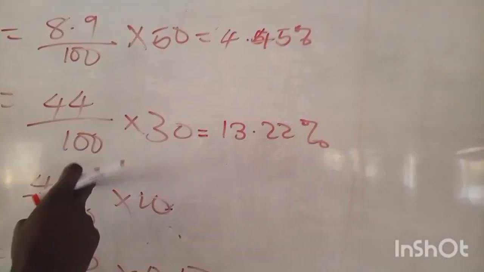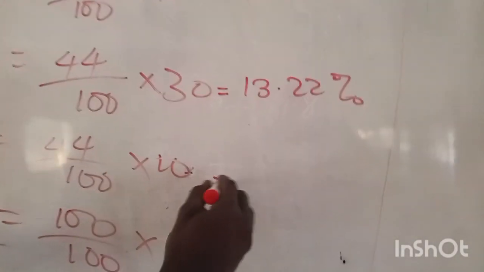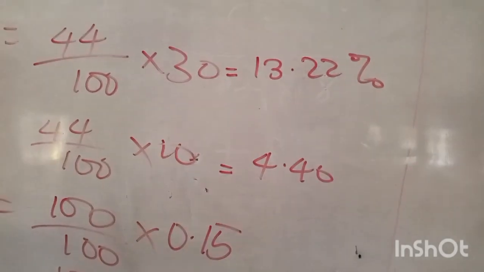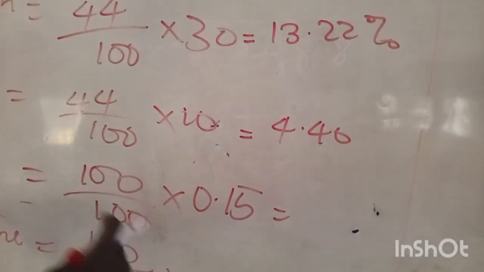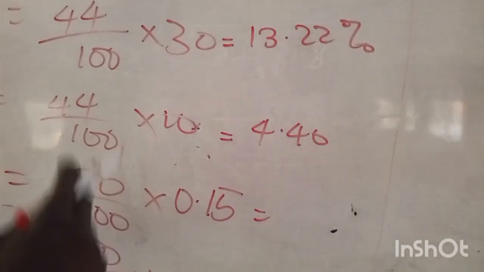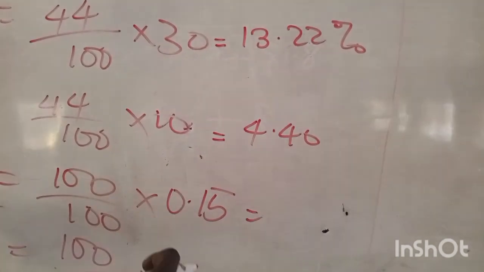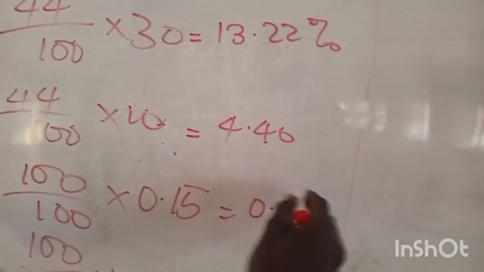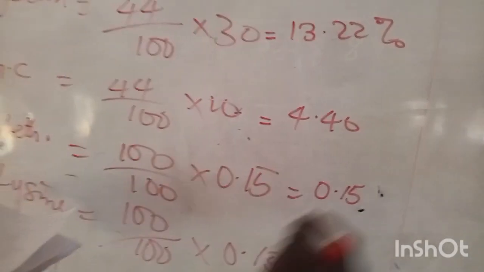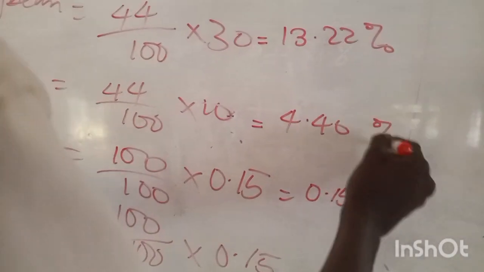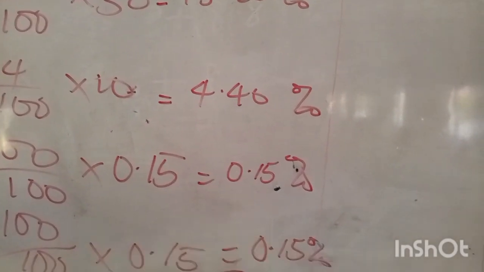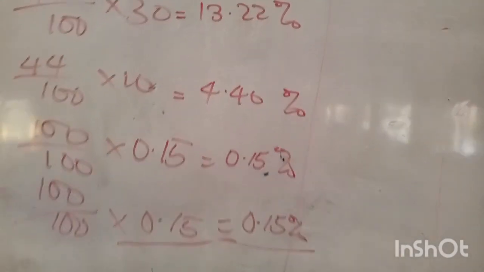Now, 44 divided by 100 times 10 is equal to 4.40. And here, 100 divided by 100 is equal to 1 times 0.15 is equal to 0.15%. And also 0.15%. So we are going to add everything here together and see.